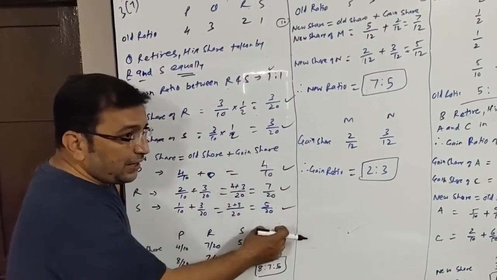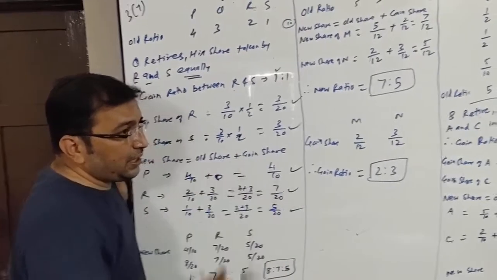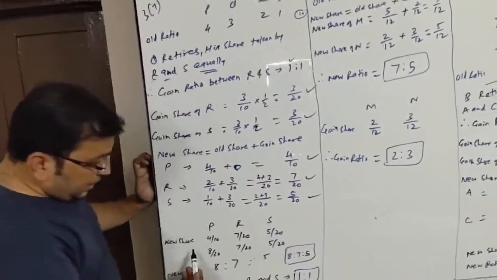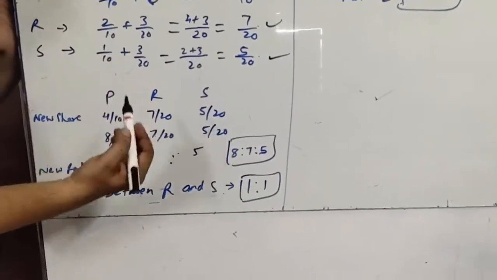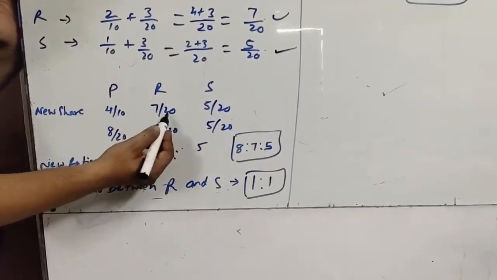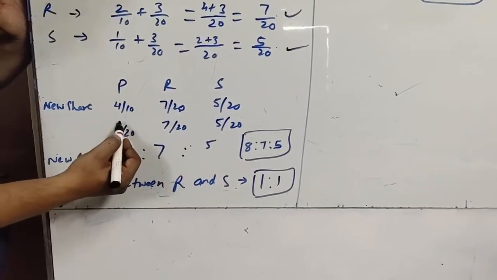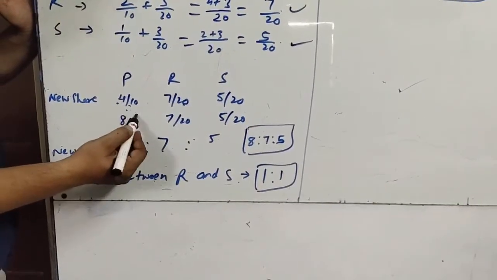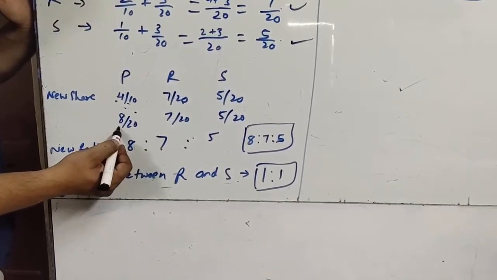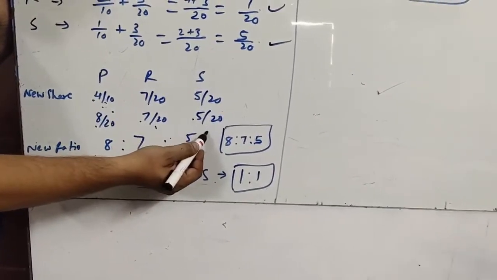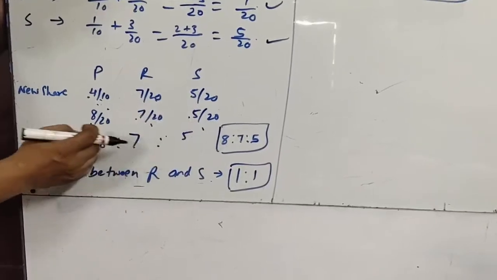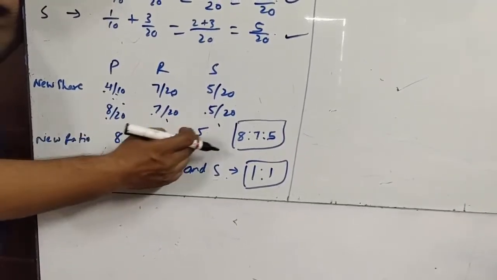In order to get the ratio we need to make the denominators equal. So here the new shares are 4/10, 7/20, 5/20. We will try to make the denominators equal. Here 20 is the LCM. So 4/10 will be 8/20. We will multiply by 2. 7/20 as it is and 5/20 as it is. Now denominators are equal. We can take the ratio 8:7:5.